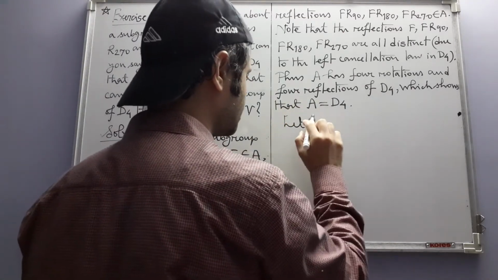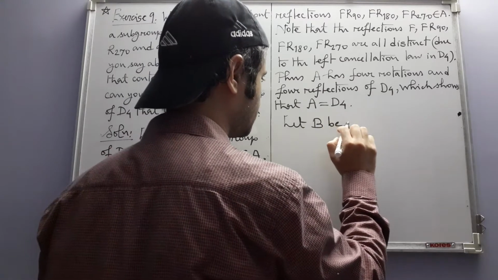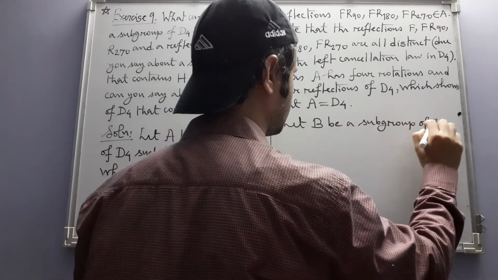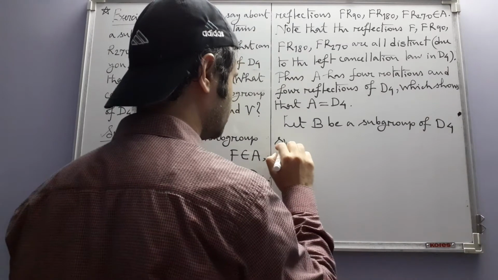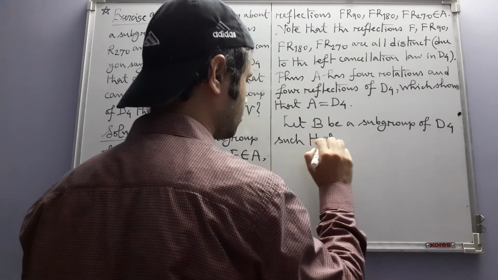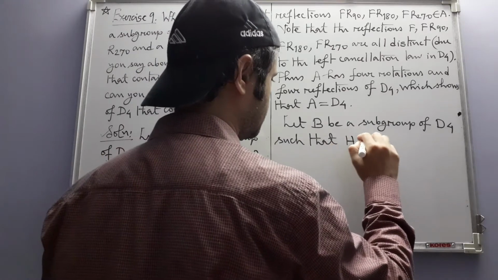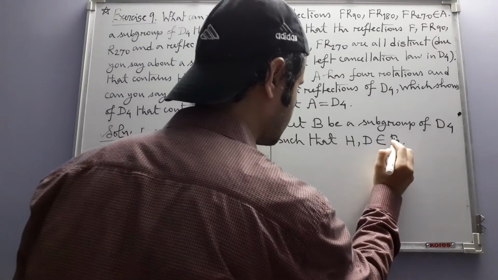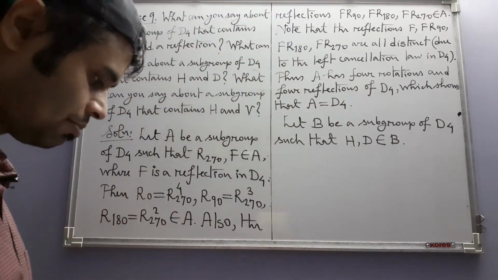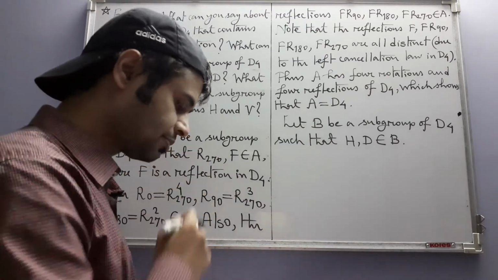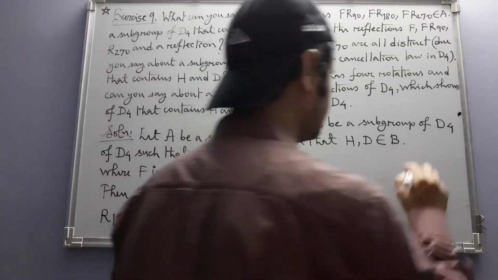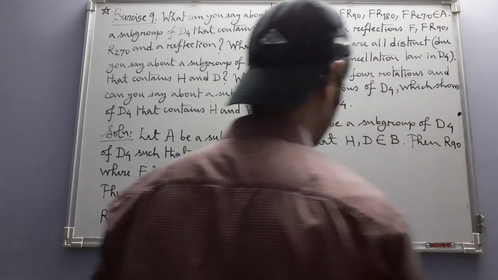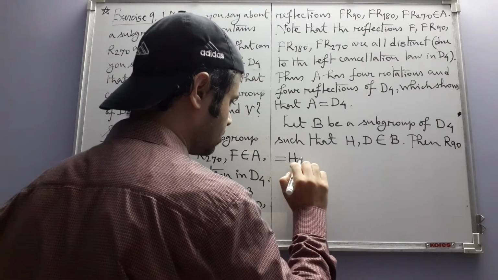Next, what can you say about a subgroup of D4 that contains H and D, these two reflections? So that also we start similarly. Let B be a subgroup of D4 such that H and D belong to B. Then their product will also belong to B, that is the product of H and D. Then R90 is equal to HD.